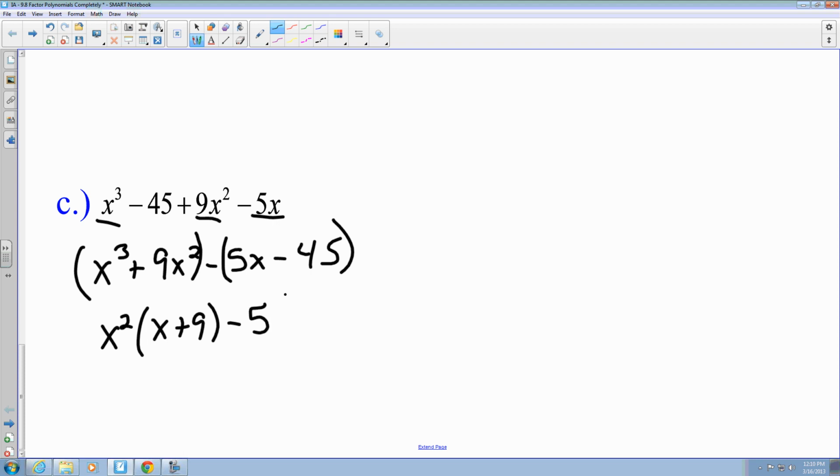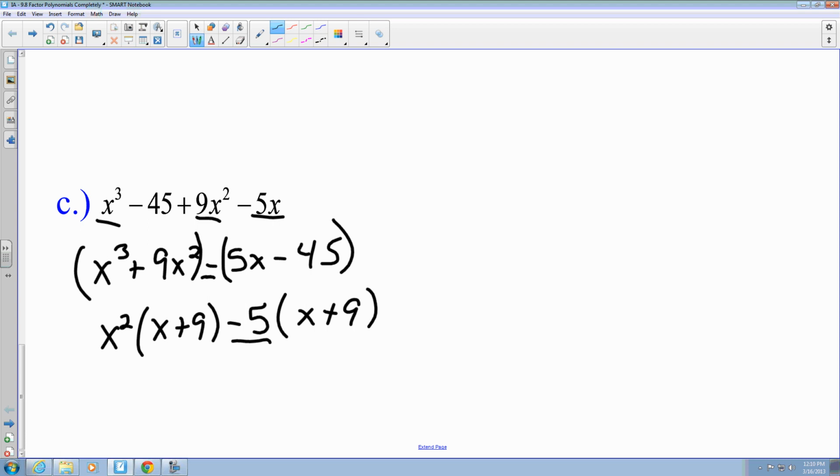So I got 5, but now because I have the negative right here, this is where things change inside the parentheses. It would be a positive x, because if I distribute that, that would give me the negative 5x. And then I need a negative 45 at the end of the day, and I have a negative 5 that I'm multiplying by, so it's going to be a plus 9.